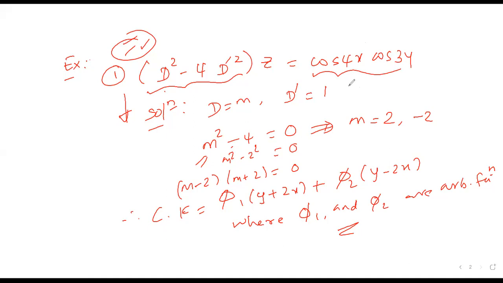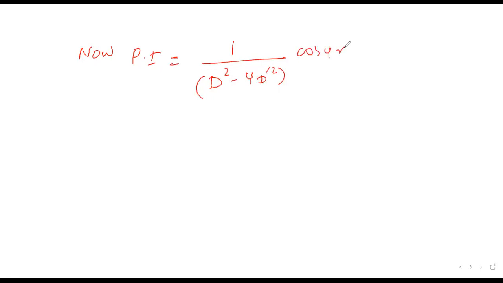Can you try it yourself? So the particular integral will be 1 over f(D, D dash) times the RHS. We already have the symbolic form, so we can use it, times cos 4x cos 3y.